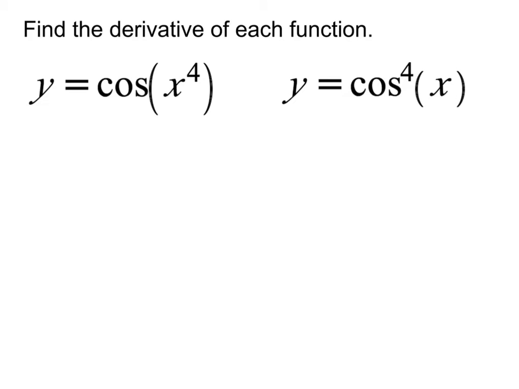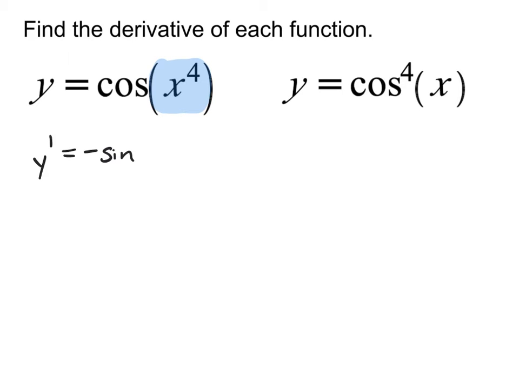Right, now when looking at this, we want to identify what's the outer function and what's the inner function. So looking at this first one, my inner function is whatever's inside a cosine. It tends to be a little bit easier when it's sitting inside of something that looks like cosine like that. So now when I go to find my derivative, I'm going to do the derivative of the outer function. So that's going to be the derivative of cosine. What's the derivative of cosine? Negative sine.